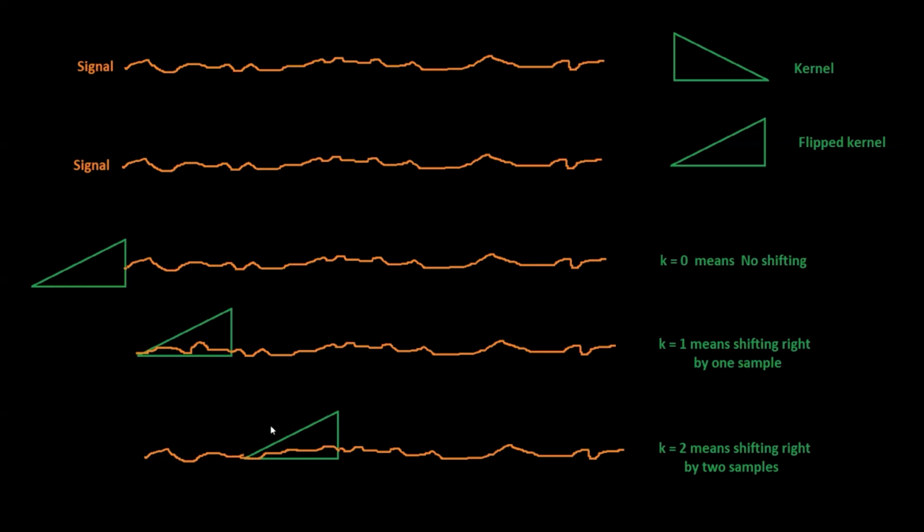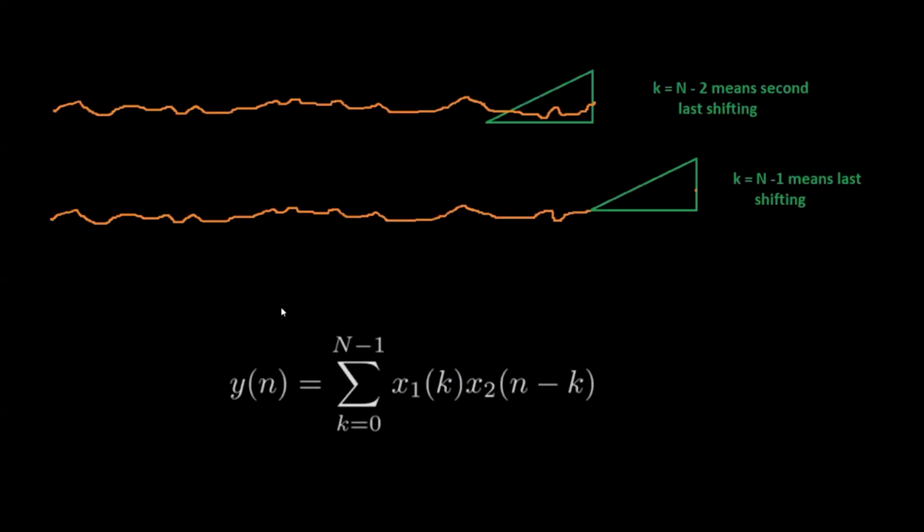Now, when k equals 2, we shift the flipped kernel another step to the right, and again multiply the overlapping samples of the kernel and the signal. In this way, we start from the first position and continue sliding the flipped kernel one sample at a time over the entire signal.